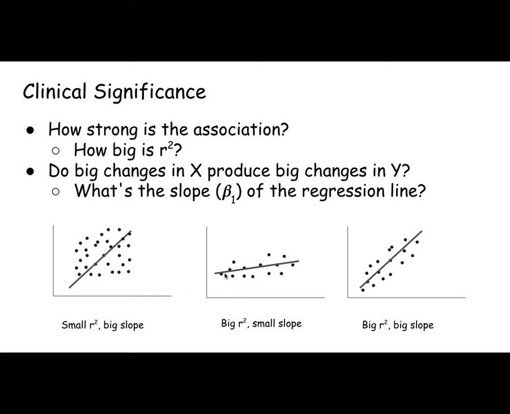If you get a strong relationship, so a big R squared, but your slope is shallow or low, then that means you've got to make big changes in your dosage or your length of time or whatever it is that you're measuring here in order to get a small change in your predictor variable.